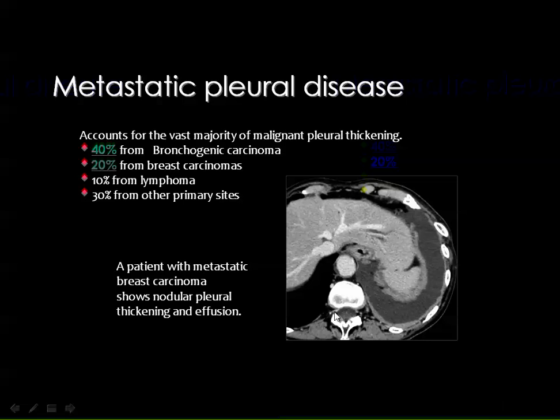And metastatic pleural disease is usually diagnosed whenever you know that the patient had a primary malignancy, or you can see the malignancy in the available radiological examination. The most common malignant lesion metastasizing to the pleura is, of course, the bronchogenic carcinoma, followed by breast cancer, and 10% of cases are secondary to lymphoma, and the remaining 30% are coming from other primary sites.